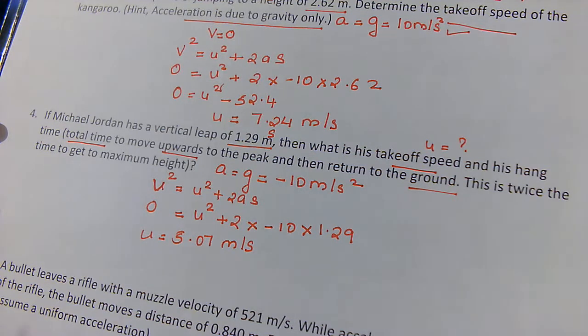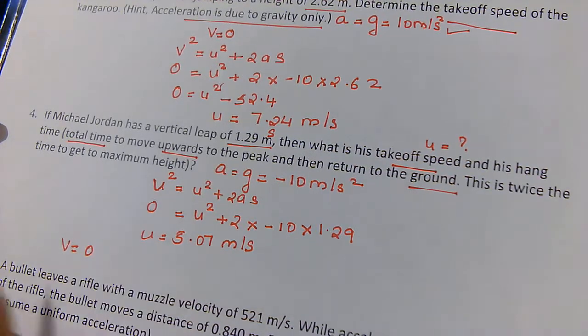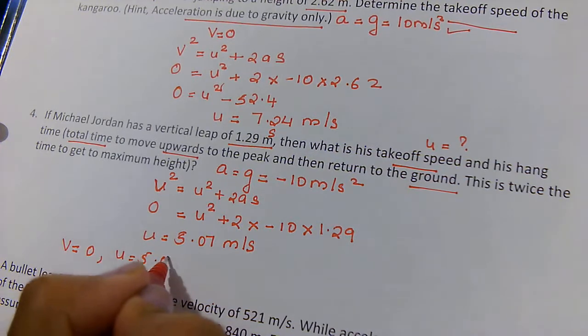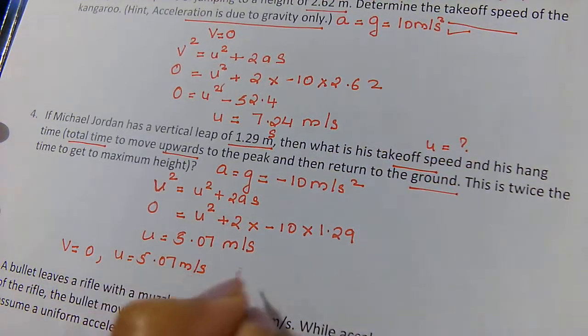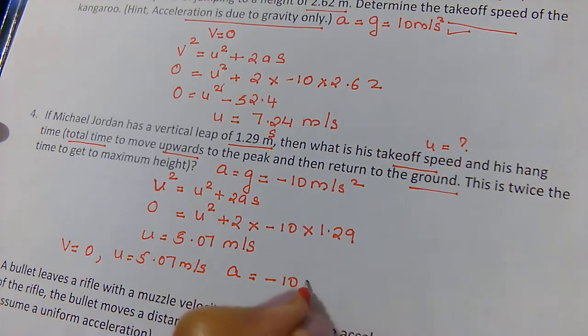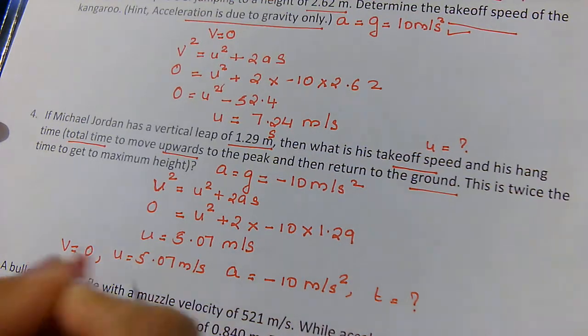Now in this, the only thing is we have to find an extra thing, which is the time. Again, when he's going to his peak, we know that v is 0. Now we know that u is 5.07 meters per second. He's going against gravity, so a is minus 10 meters per second square. What is t is the question.